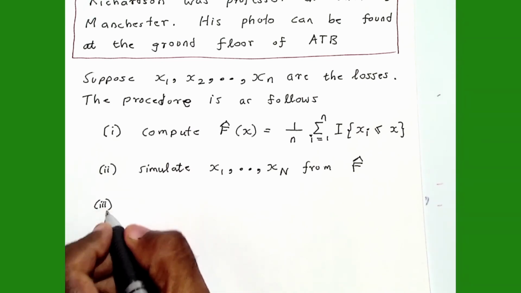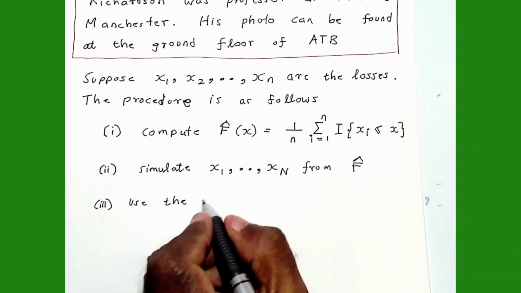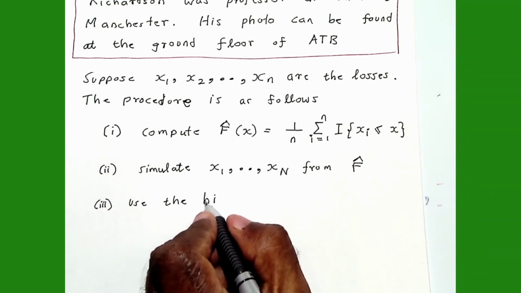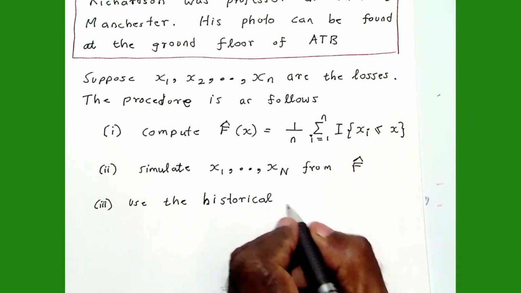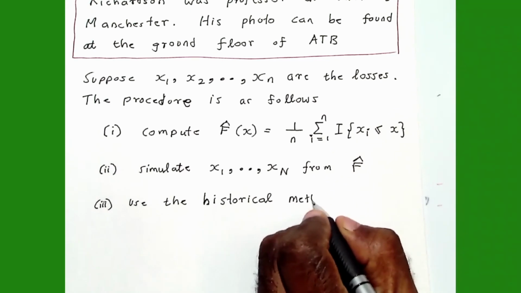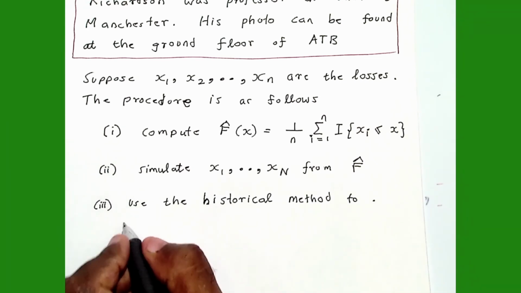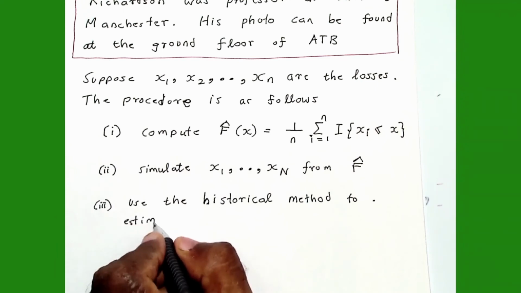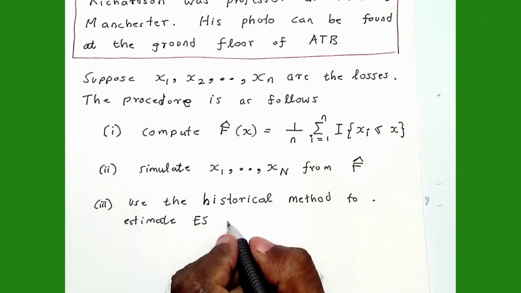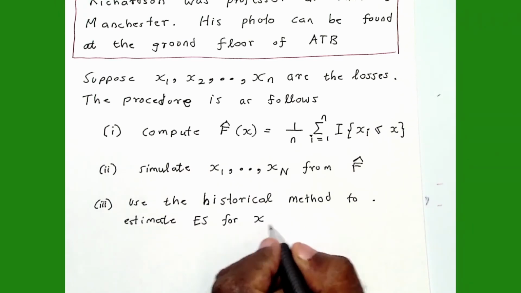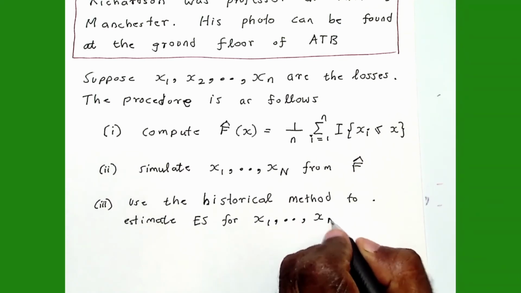Step 3 is to use the historical method to estimate ES for the data that you simulated in step 2, right?